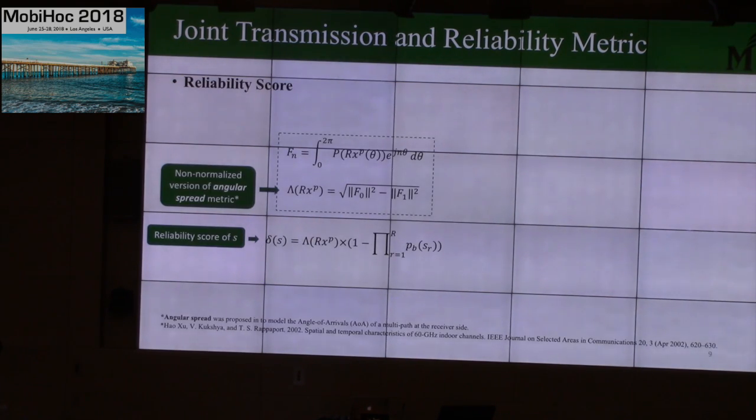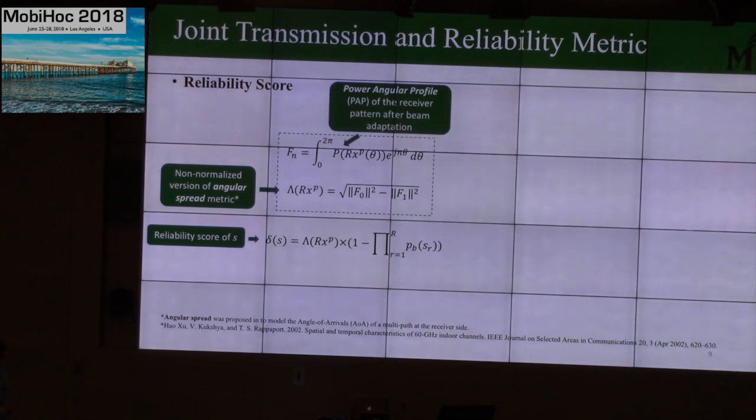To quantify the joint transmission, the reliability score is here. We are using the non-normalized version of the angular spread metric. And here, P is the power angular profile of the receiver pattern after the receiver beam adaptation.